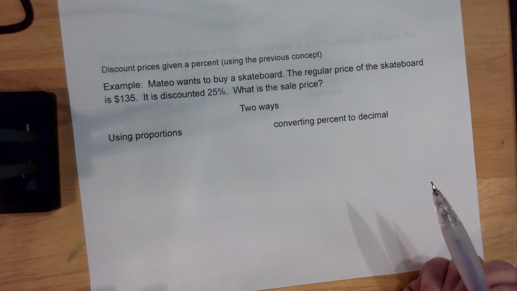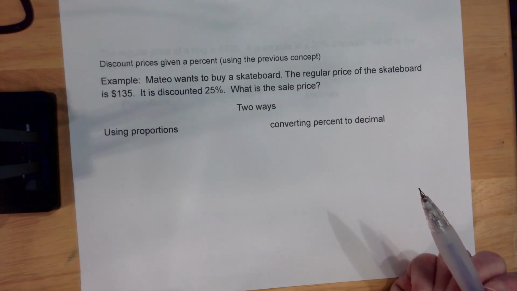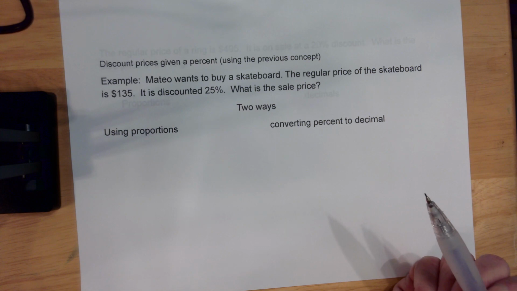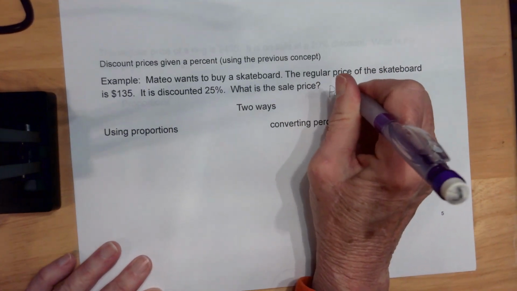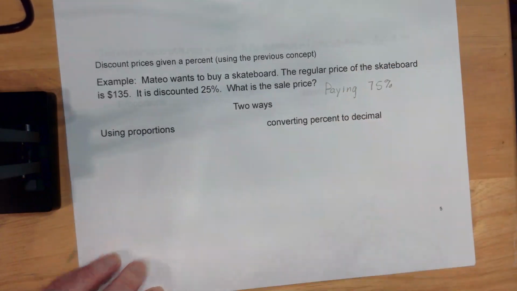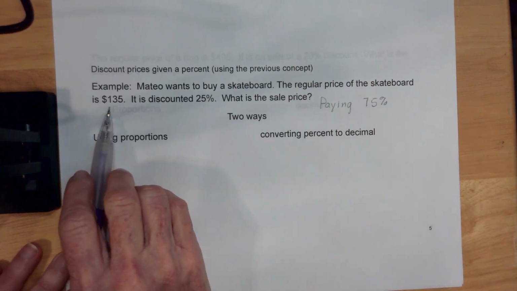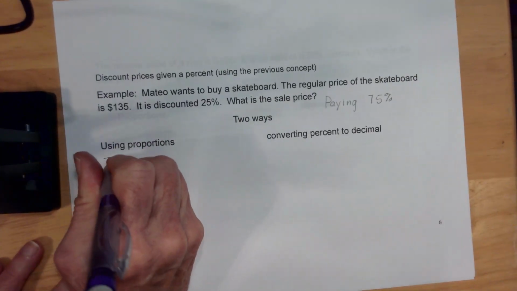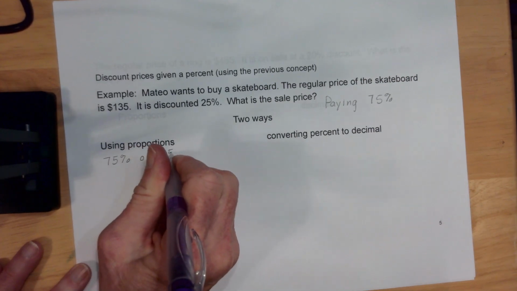So if the discount is 25%, I'm paying 75% because 100% minus the discount is going to tell me the percent of what I'm paying. So I am paying 75%. So I want to know what 75% of 135 is. So 75% of 135 is what I'm paying.